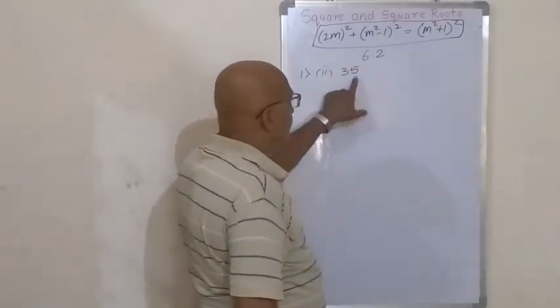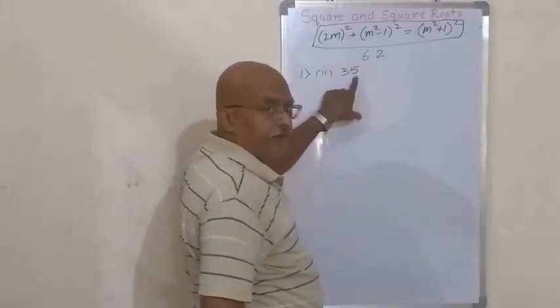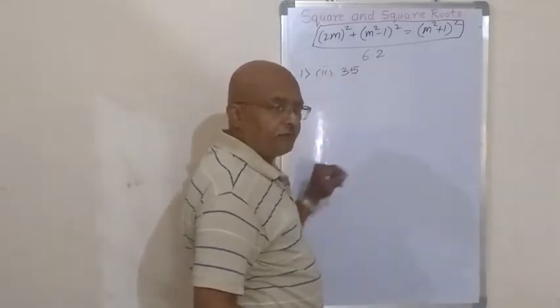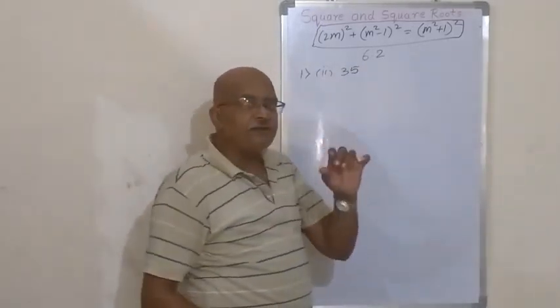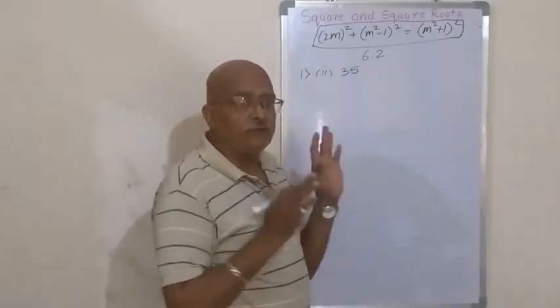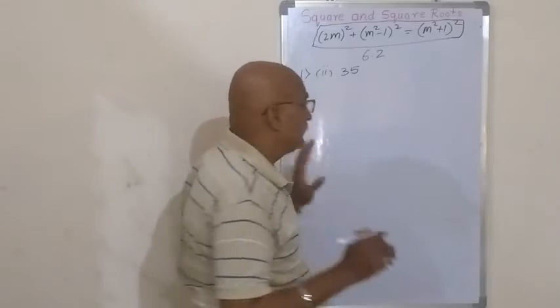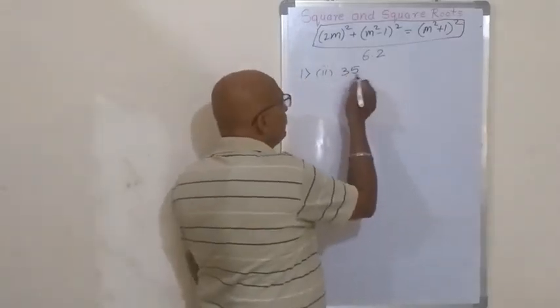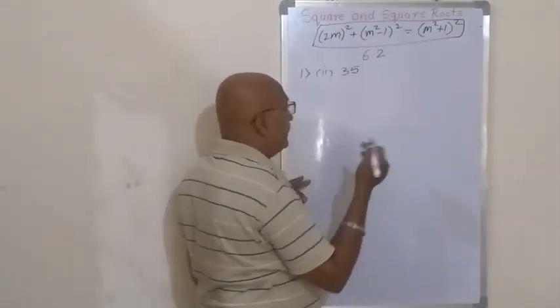Now see here the unit place is 5. Here one more method we have, but the condition is that the unit place number should be only 5. Then only we can use this method, otherwise not. So first I will solve it by using the identity.